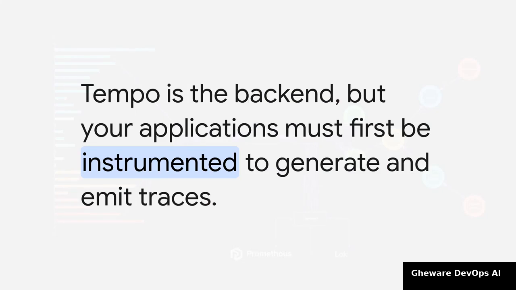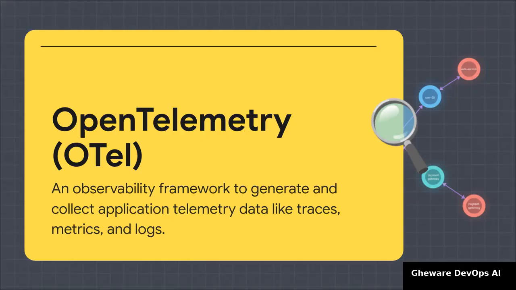But of course, Tempo can't store traces if our applications aren't creating them in the first place. That process of getting your code to generate this telemetry data is called instrumentation. And for that, we use OpenTelemetry, or OTel for short. It's pretty much the open-source, vendor-neutral gold standard for instrumentation. And the beautiful thing about using OTel is that you're not locked into any single company's proprietary tools. You get complete freedom and control over your data.